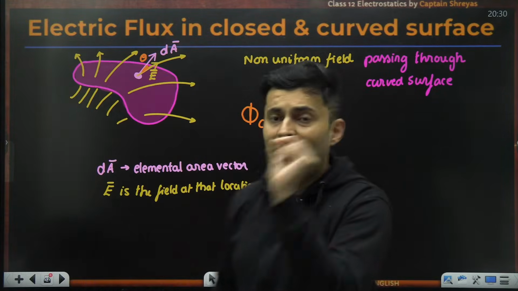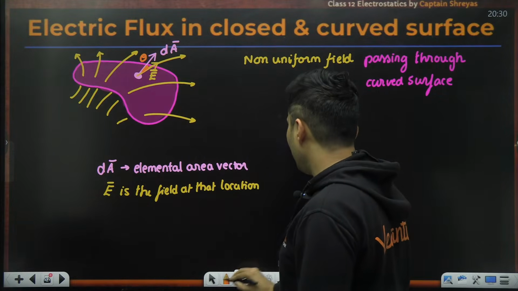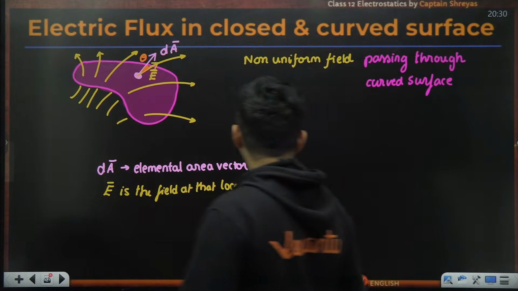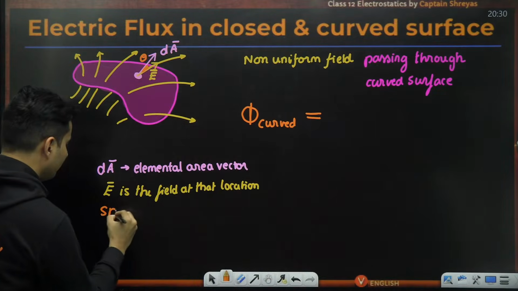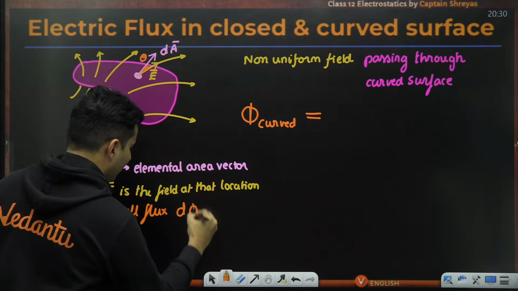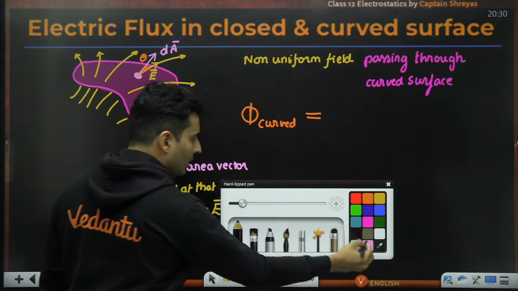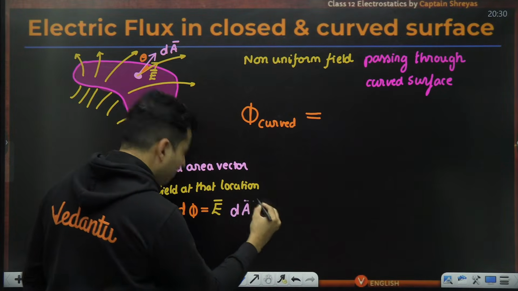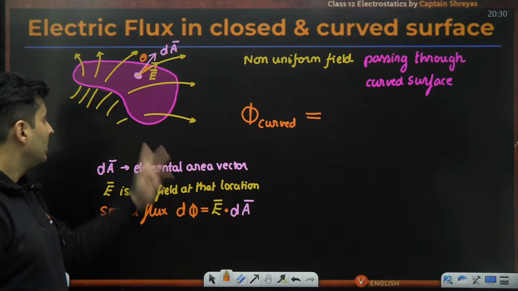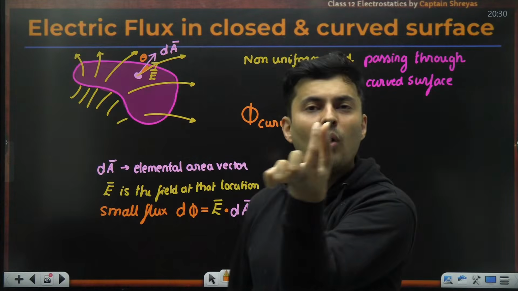So the small flux d phi will be nothing but the electric field at that location dot producted with the area vector. The electric field dot producted with the area vector will give me the flux in that small area.